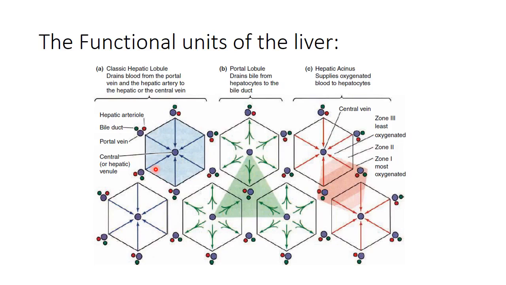This is the oldest classification of the liver according to its function, and because it's the oldest classification, most of the disease processes are based on it. For example, we have a condition known as centrilobular necrosis, where there is death of cells in the centrilobular area of the liver lobule.